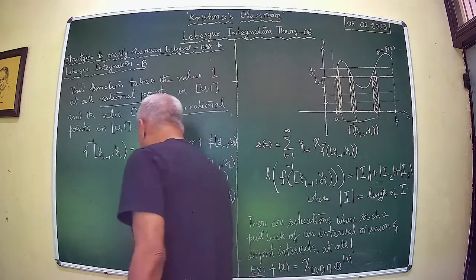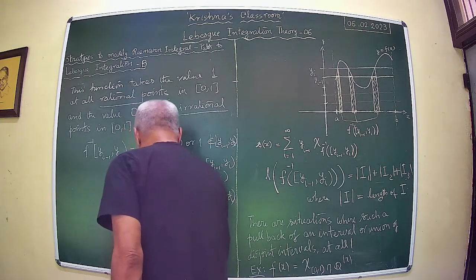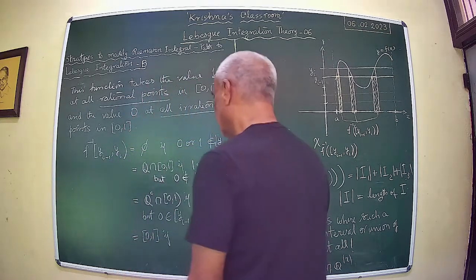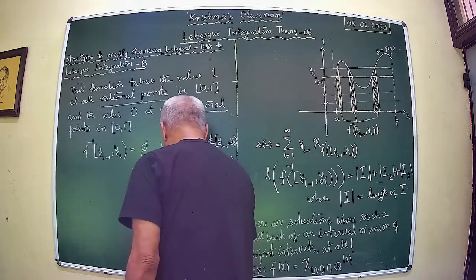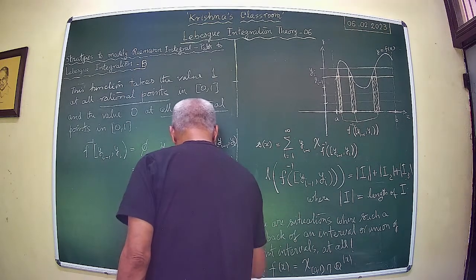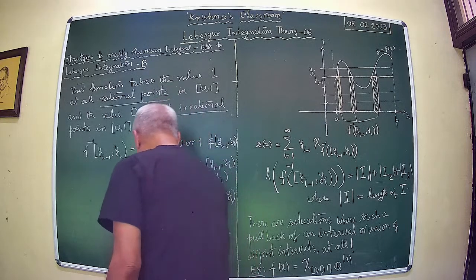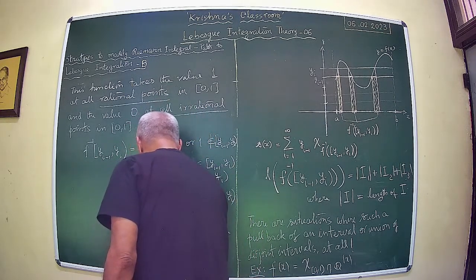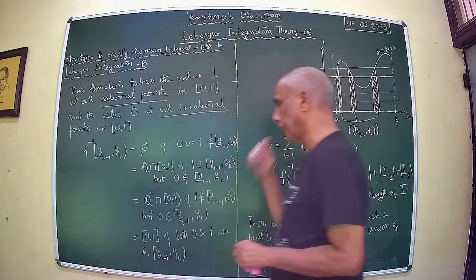And this is equal to the interval 0, 1 if both are in it. So this is the scenario.